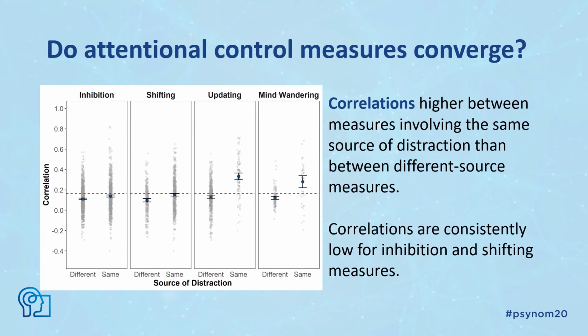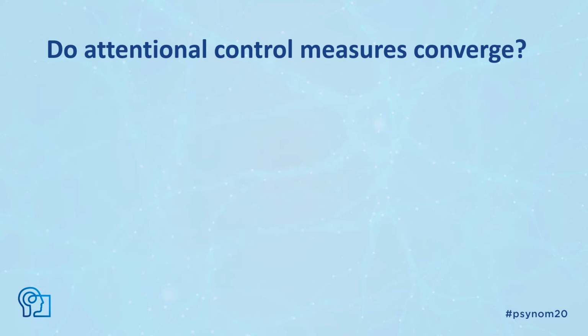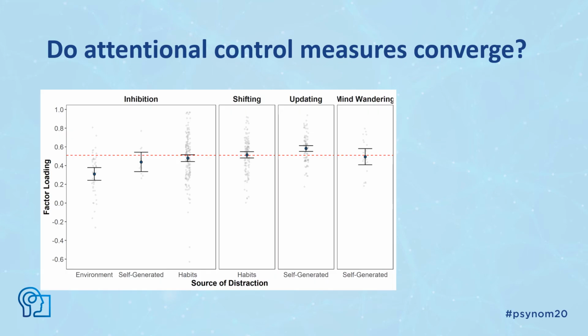However, we can also see that correlations are relatively okay for updating and mind-wandering measures, but are consistently low for inhibitory control and shifting measures. And next we had a look into how these measures would load on their respective attentional control factors. And we can see the red dashed line here representing the median loading across all measures. And we see that the shifting, updating, and mind-wandering measures all do relatively well.